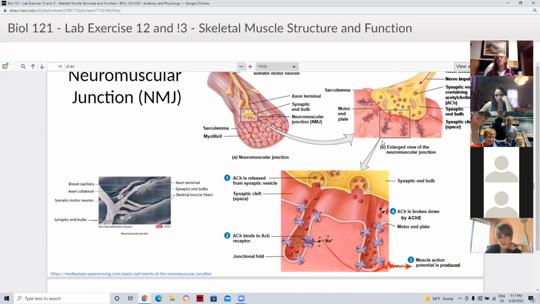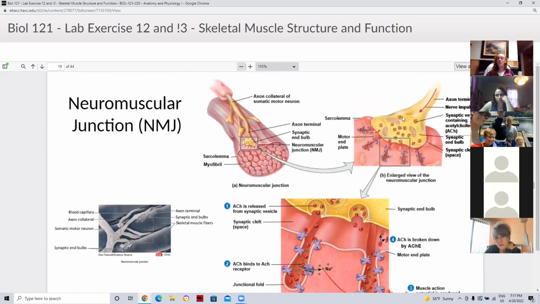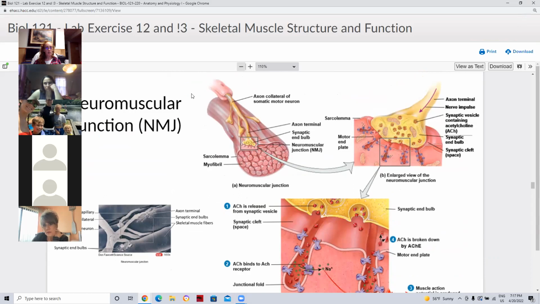So how does this work? It works similarly to what we saw before at any chemical synapse. An action potential comes down. Once it comes down here, it opens voltage-gated calcium channels.